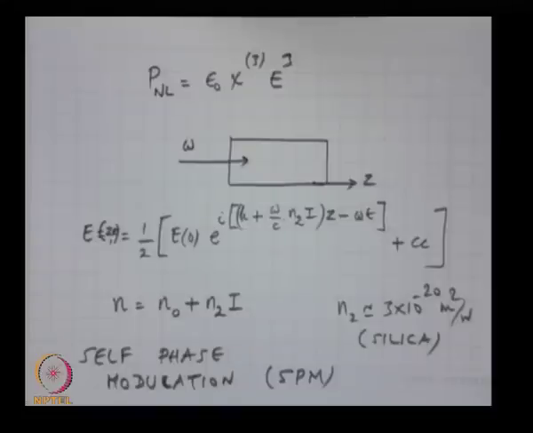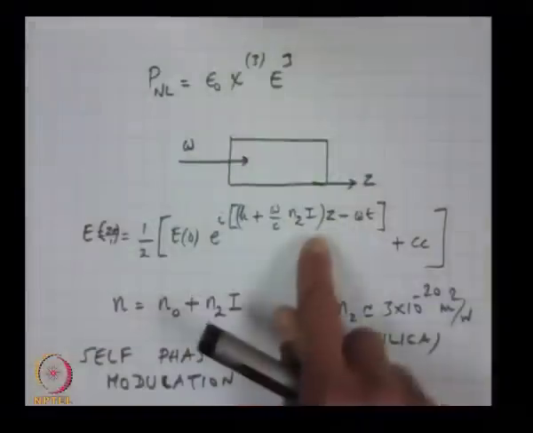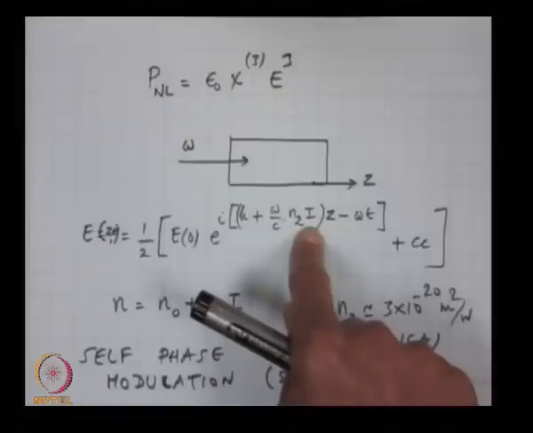I'll argue it heuristically and tell you the effect of an intensity-dependent refractive index on a pulse of light launched into this medium. In this case, I will not remain constant with time. I itself will change with time if I have a pulse.